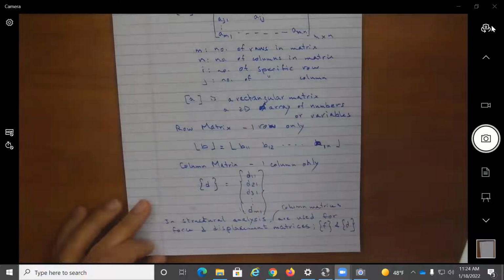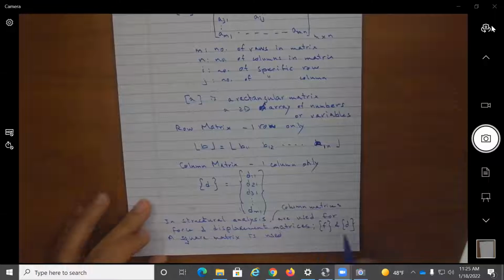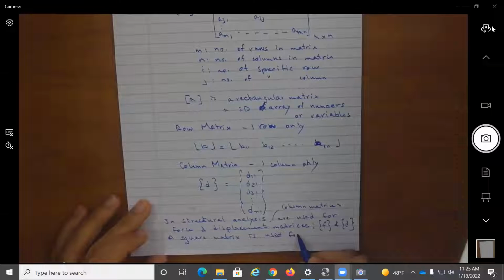A special case of the rectangular matrix is a square matrix. It is used to express the stiffness matrix.